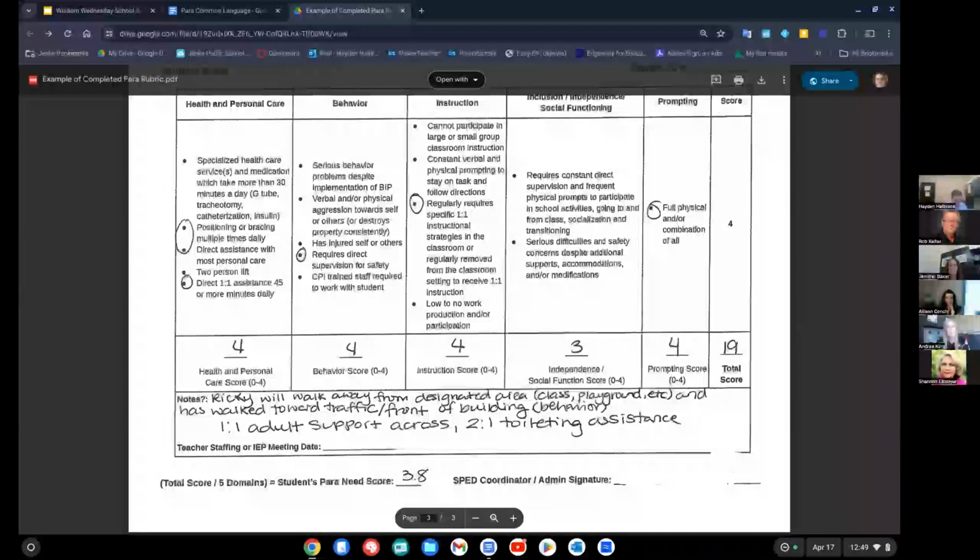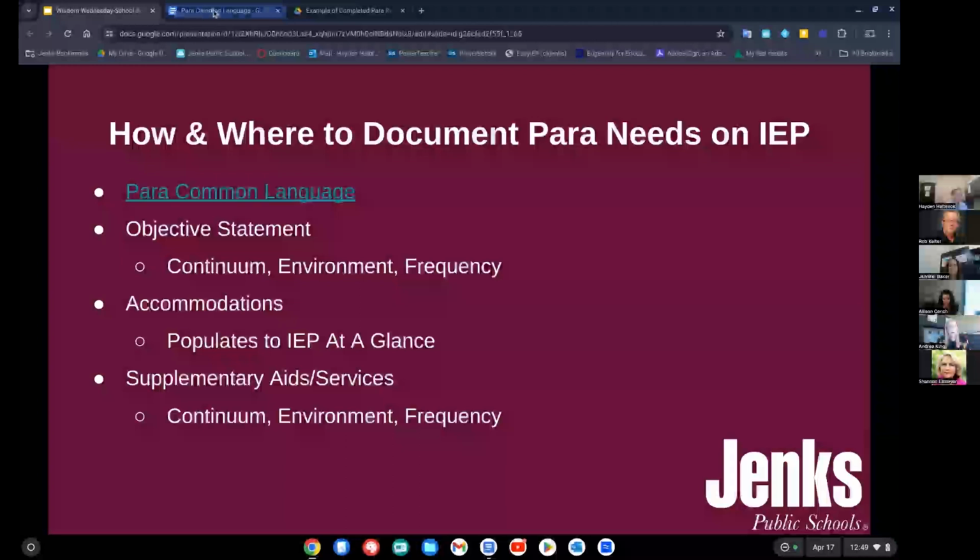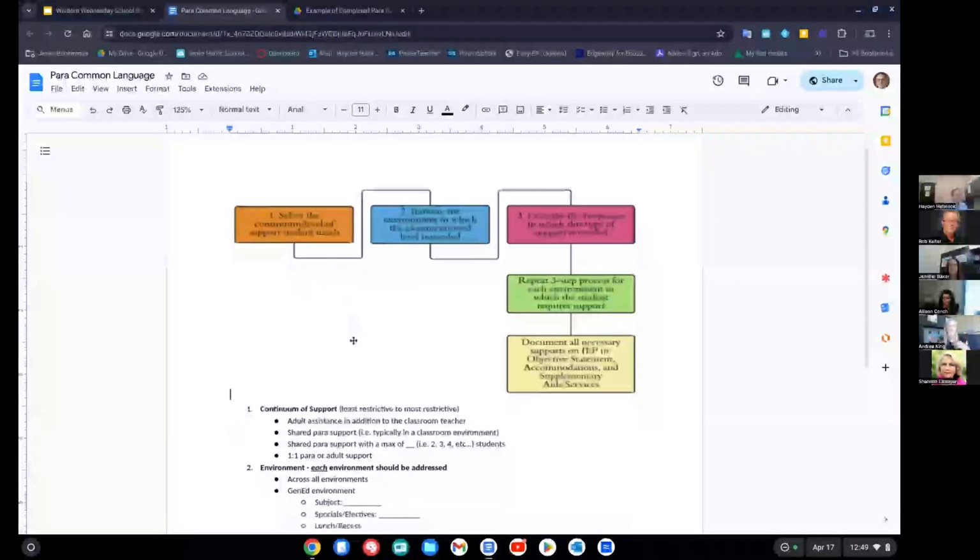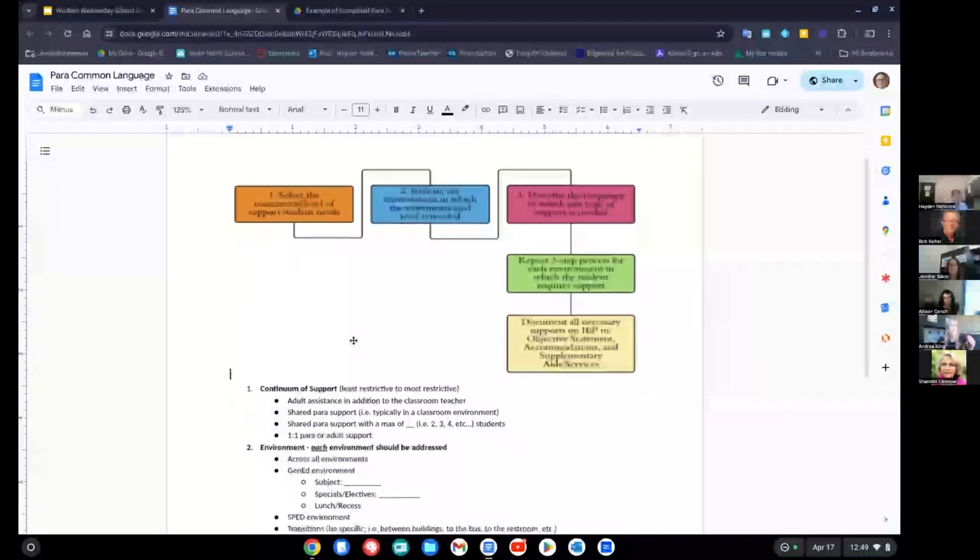So I think later on, or it might be the next slide, we have a document to create that common language, because we were noticing that one site would document it in the objective statement and another site would put it in the accommodations. And sometimes we would find it in the supplementary aids and services, and it was just everywhere.